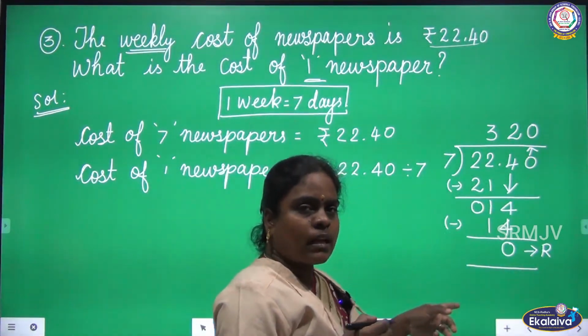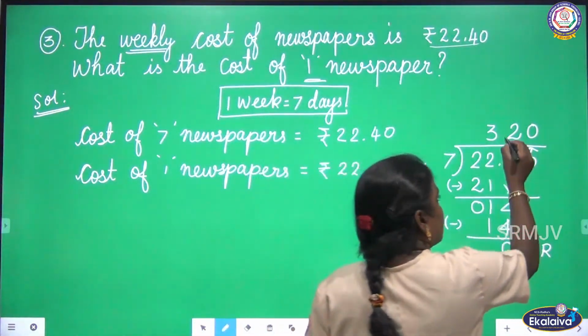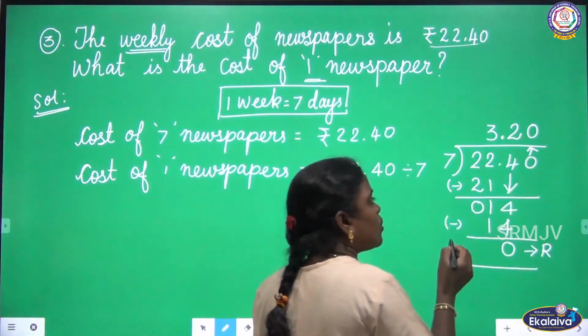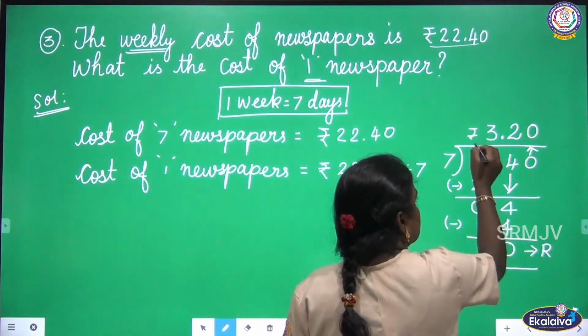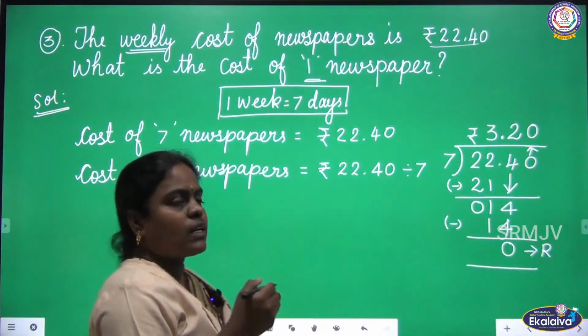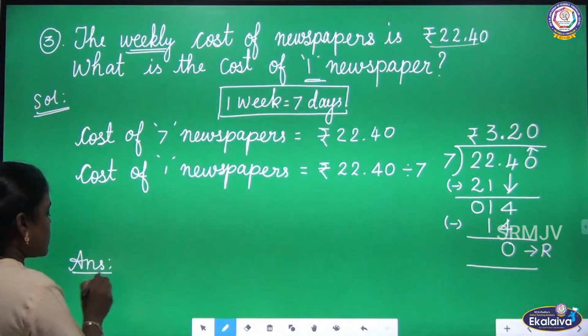In money lesson, when you are dividing the given amount, you have to place a decimal point before 2 digits from the right. So here the answer is 3 rupees 20 paise, that is the cost of one newspaper.